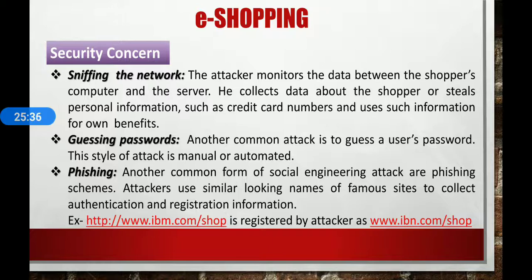Notice this one is IBN, not IBM. A shopper mistypes and enters the illegitimate site and provides confidential information. Alternatively, the attacker sends emails designed to look like they came from legitimate sites. The link inside the email maps to a rogue site that collects the information.